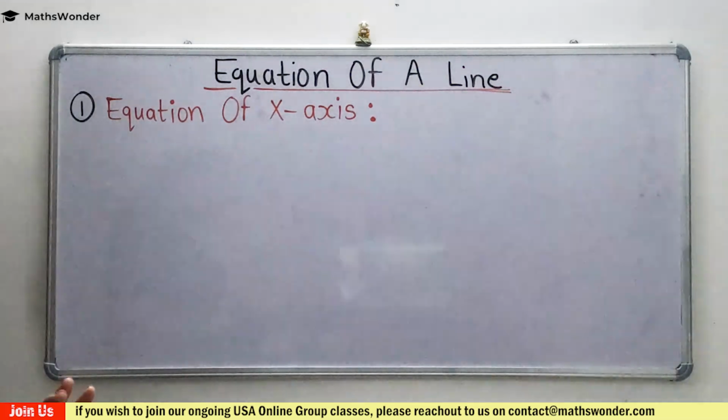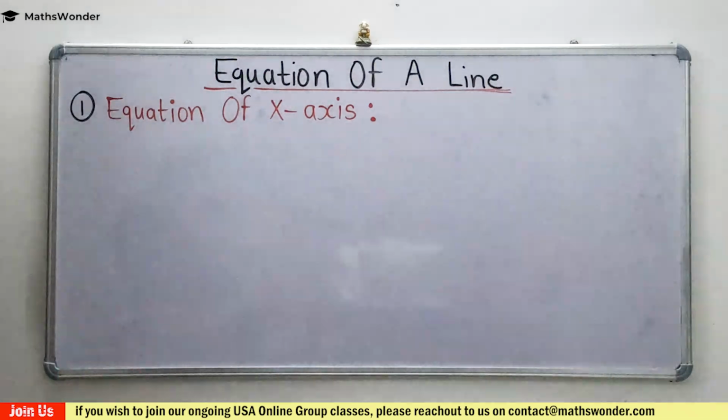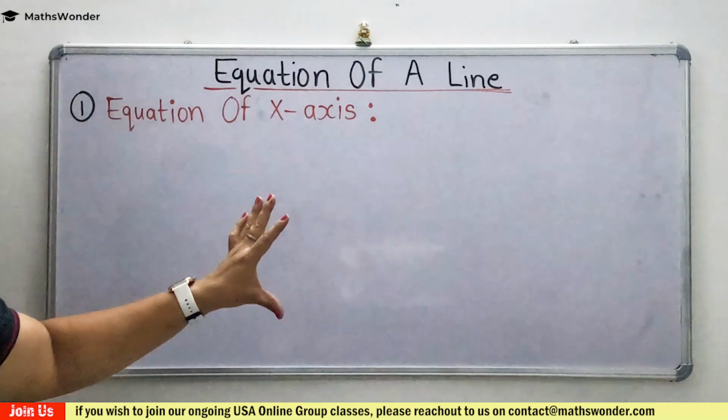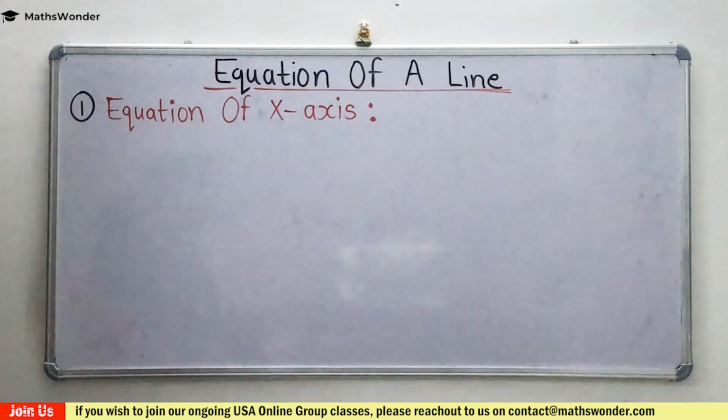Now, I am going to explain the equation of a line: how you will find the equation of a line. Every line has an equation, okay? So the first category is the equation of the x-axis. What is the equation of a line? Basically, the equation of a straight line is the relation between x and y. Equation of a line means it gives the relation between x and y which is satisfied by the coordinates of each and every point on the line and not by those of any other point.